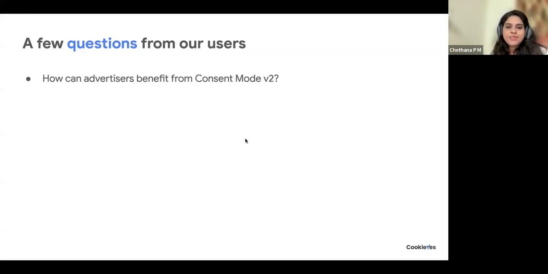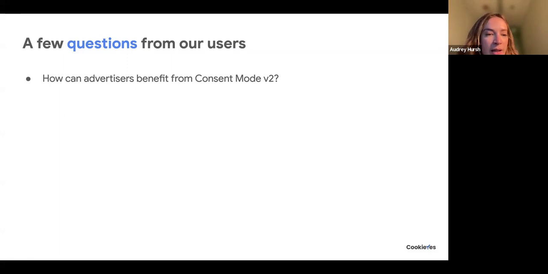So the first question is, how can advertisers benefit from Google Consent Mode version 2? In a couple of ways, I think. First and foremost, consent mode really allows you to continue to gather robust insights about users with these constraints around consent.